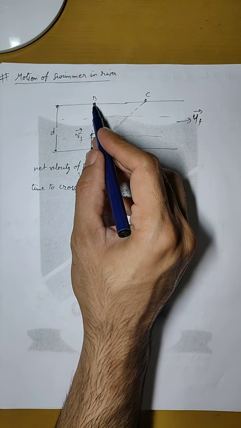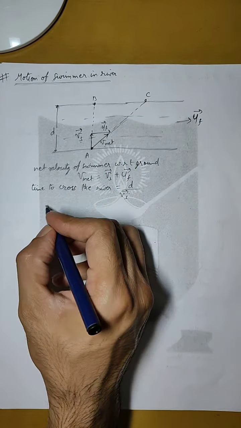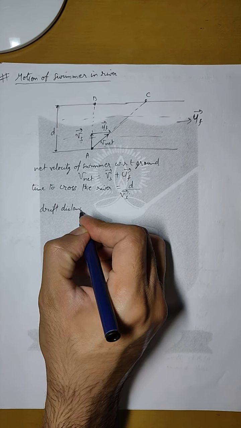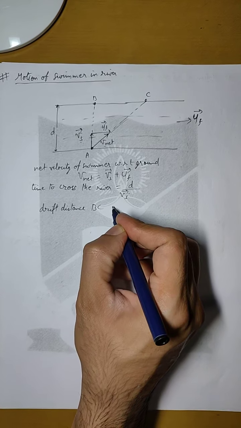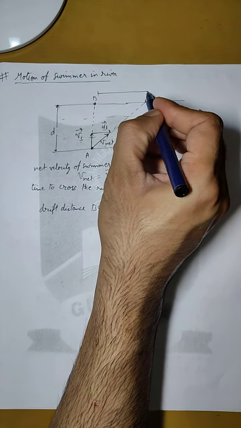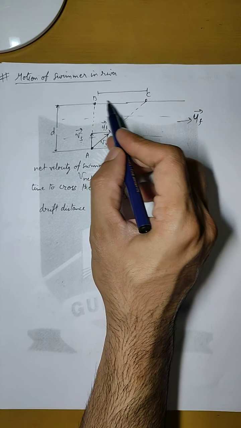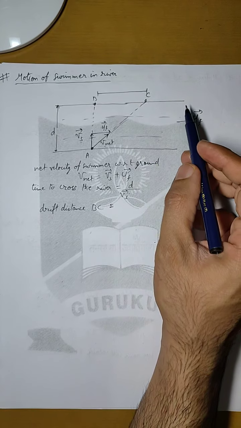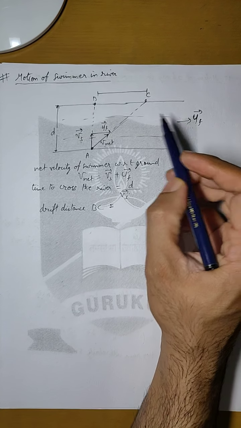Similarly, if we talk about the drift distance BC, we know that this distance is in the direction from B to C. Now in the direction of B to C, the only vector that we have is Uf.